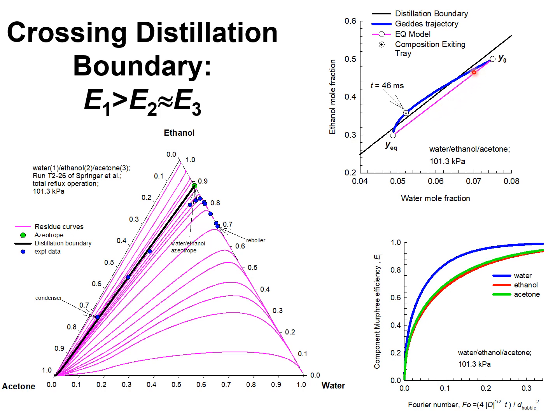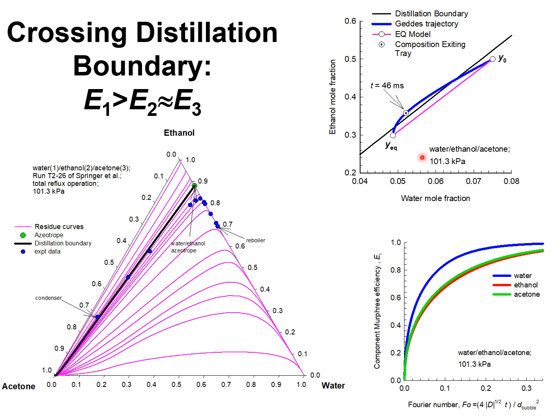We can determine the component efficiencies of each of the three components, and we note that the efficiency of water is significantly larger than the efficiencies of ethanol and acetone, and the differences in the component efficiencies drive the compositions during the equilibration trajectory away from the path dictated by the residue curve maps shown in pink.